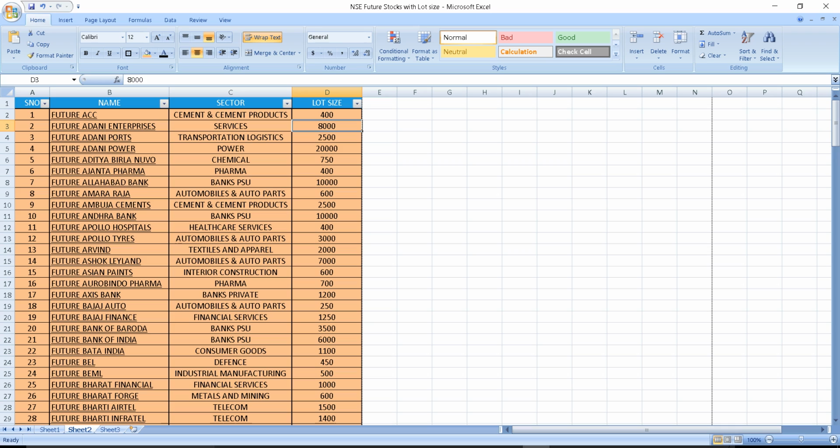if the current market price increases by 1 point or decreases by 1 point, what will be the profit or loss we get. In simple words, let's take ACC futures, where the market price is around 1000 rupees. If the price increases by 1 point to 1001, our profit will be 400 rupees.